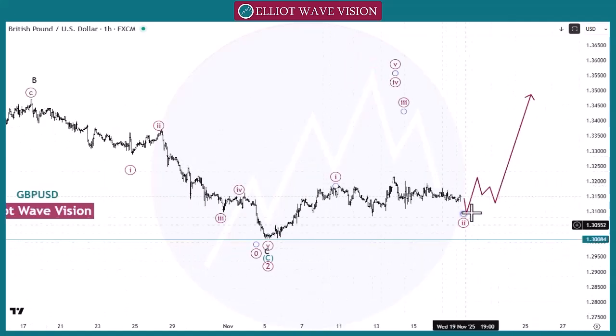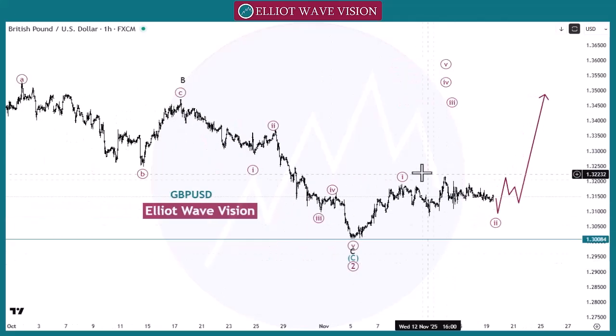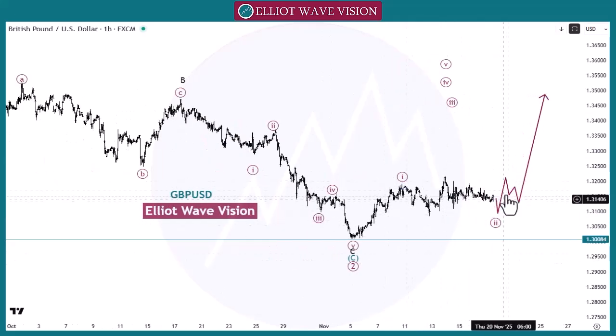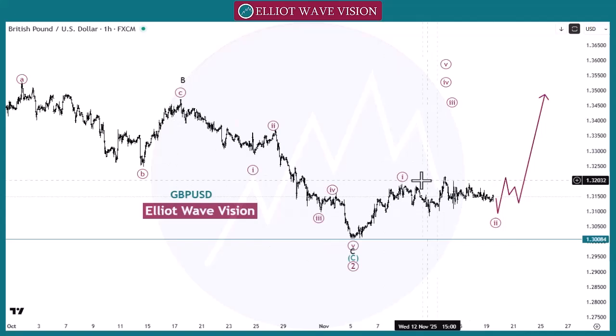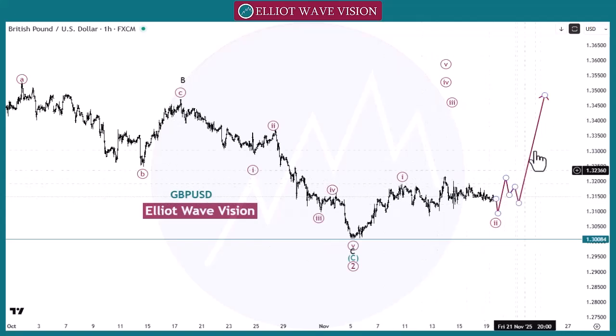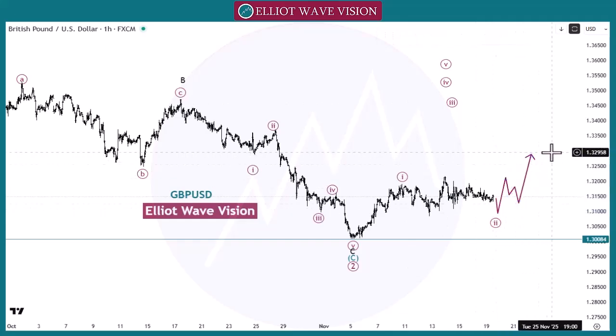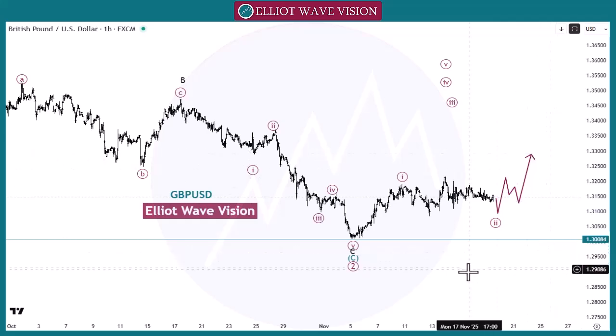So in the British pound we need to wait for this corrective pattern to complete. The market needs to give us the classic trading level pattern. If this is wave A, B and wave C, we can go towards 1.33 at least. Then we will go towards the bearish side.